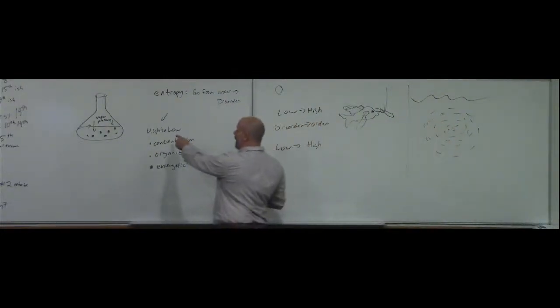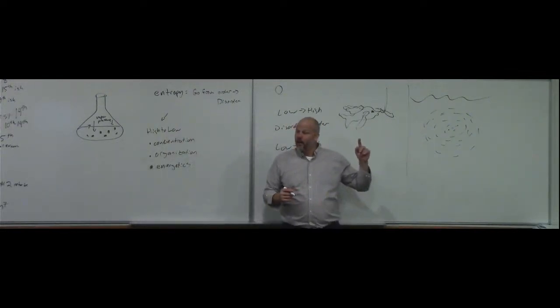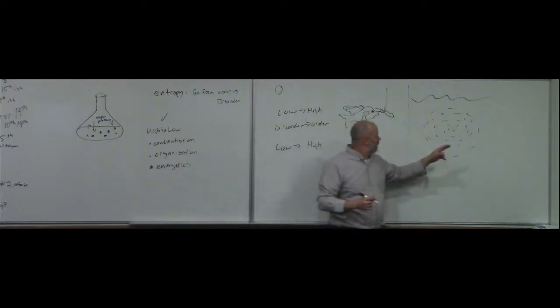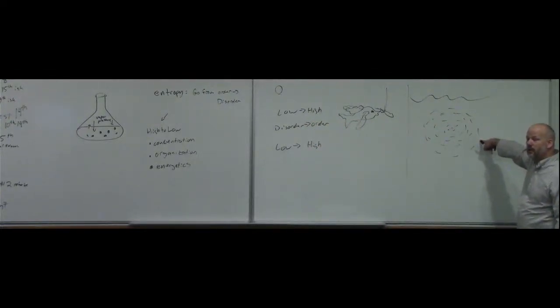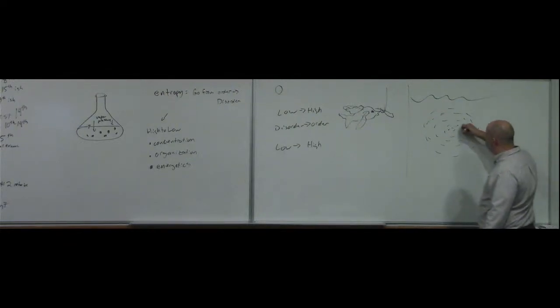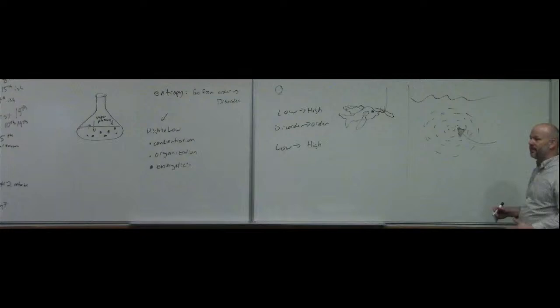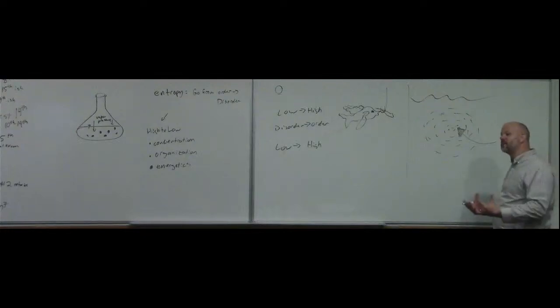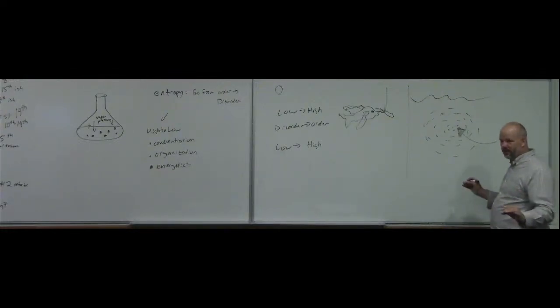Everything flows from high to low. Solutes are high in the ocean, relatively low in the fish for salt. So it's going to flow in, changing his concentrations to a level that he cannot sustain, that will kill him. He must be able to expel that salt, or he will not survive.